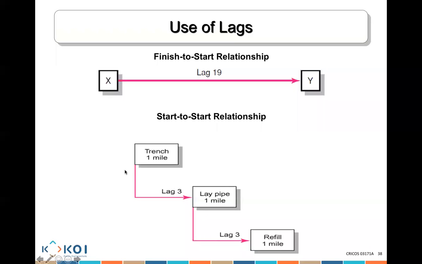This way you've already dug, 3 days later, you start putting the pipes. After you put the pipes, you refill the trench, 3 days after you've already laid the pipes. So you put all the pipes, then you start closing the trench 3 days later. That's really what this is trying to tell you.